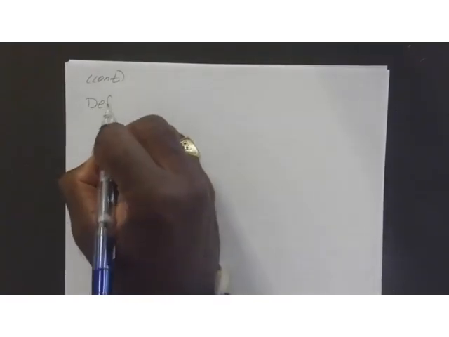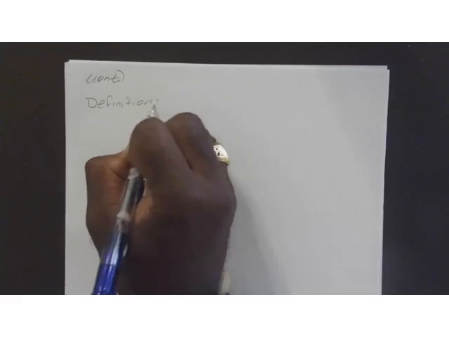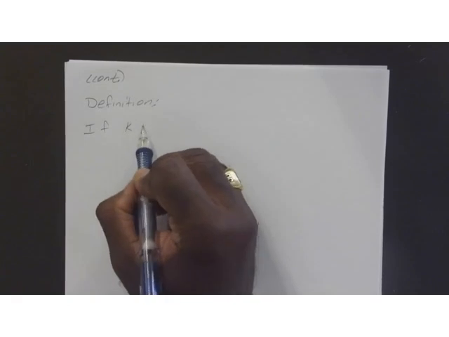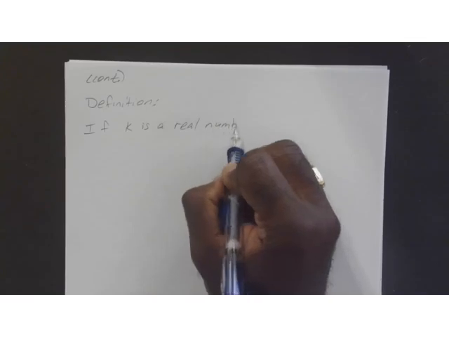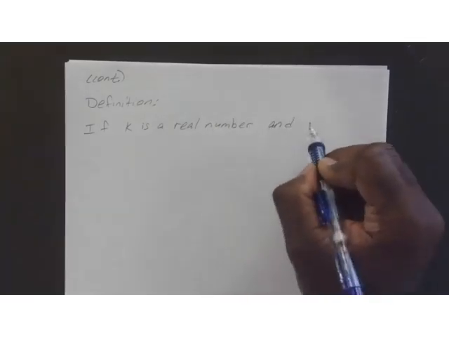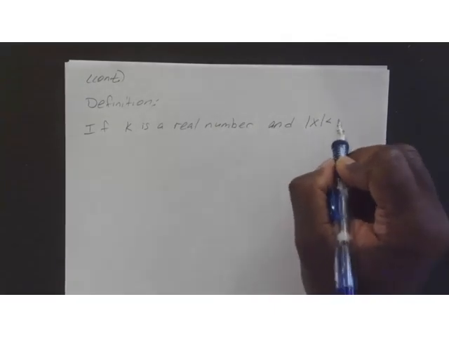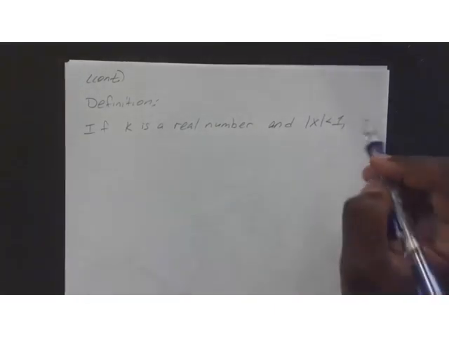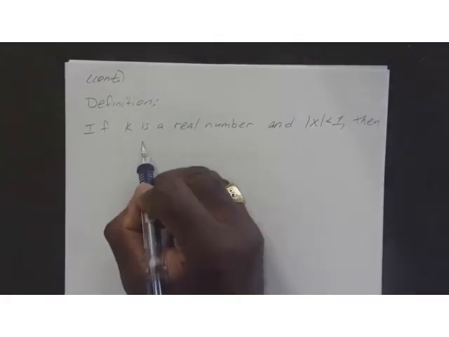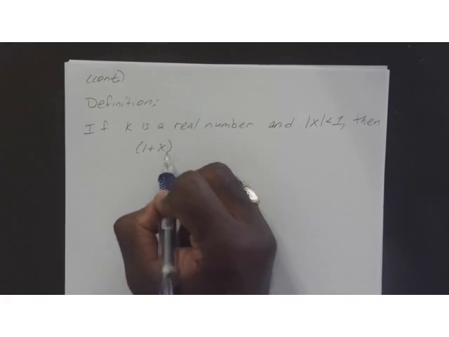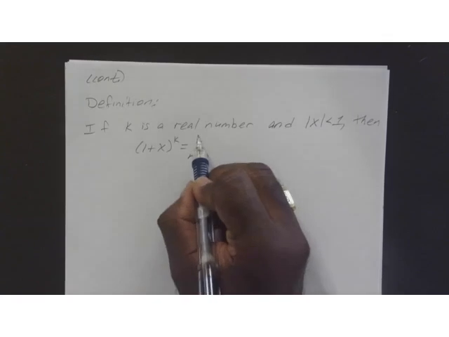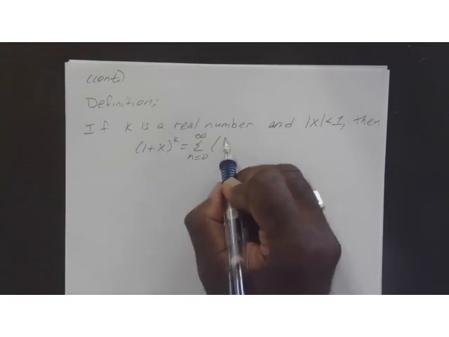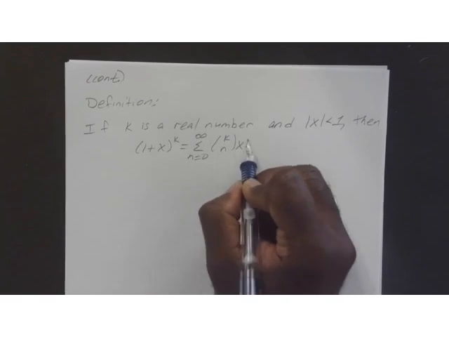Okay, so the definition states that if you have some real number k, and we know that the absolute value of x is less than 1, then we know that 1 plus x to the power of k is equal to the sum from n equals 0 to infinity of k choose n times x to the power of n.